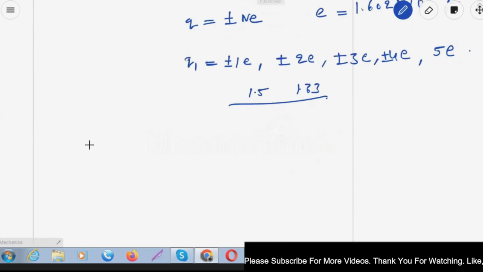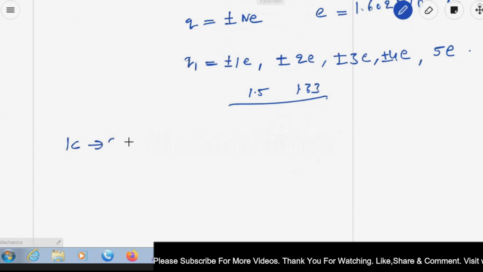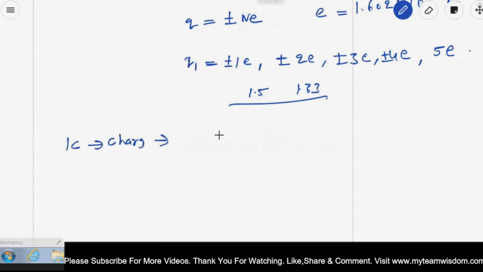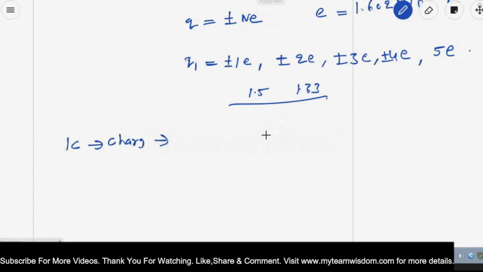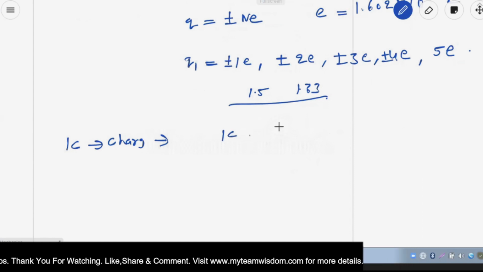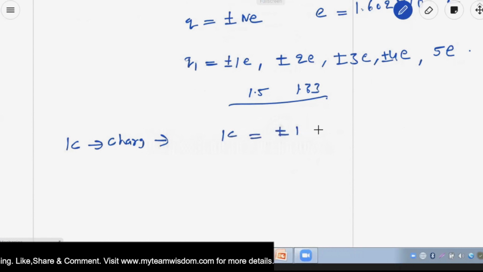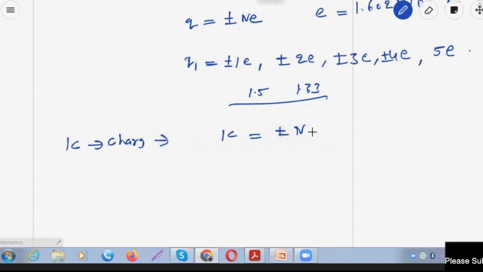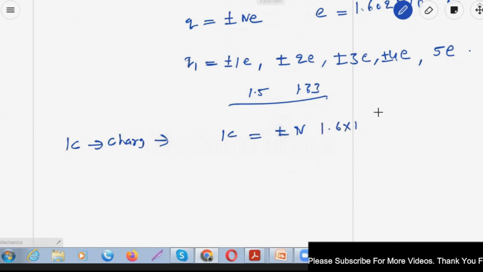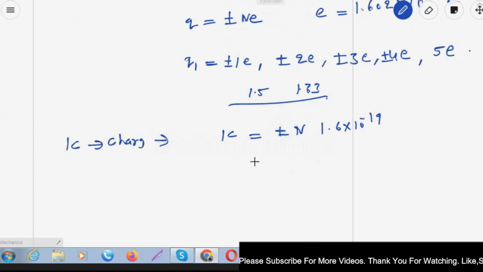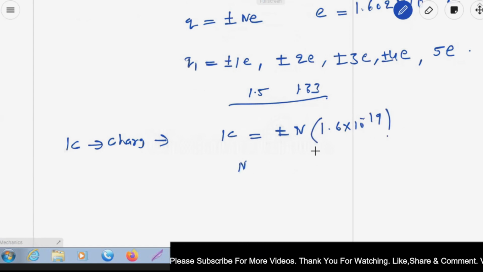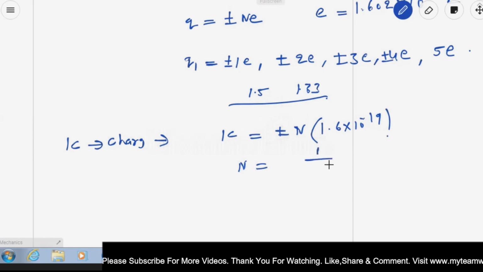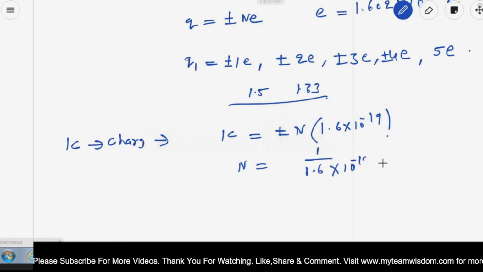Suppose I'm saying 1 coulomb charge. 1 coulomb is equal to plus or minus n times e, where n is the number of electrons and e is the charge of the electron, 1.6 times 10 power minus 19 coulombs, right? So n is equal to 1 by 1.6 into 10 power minus 19.